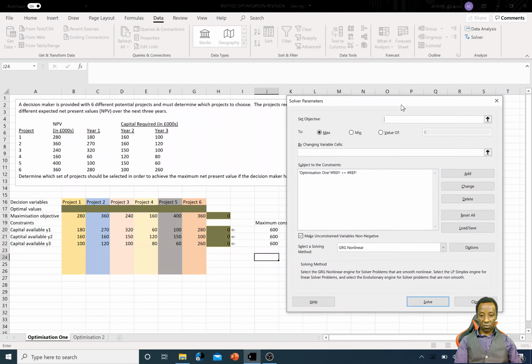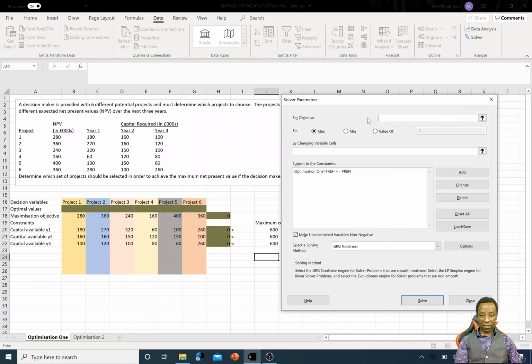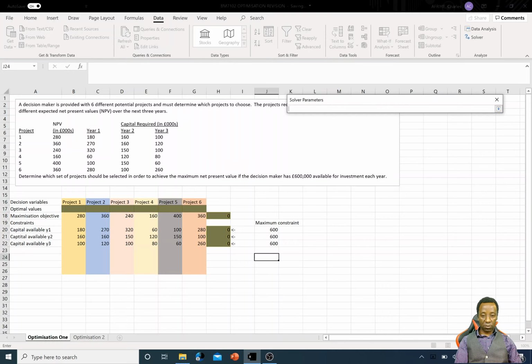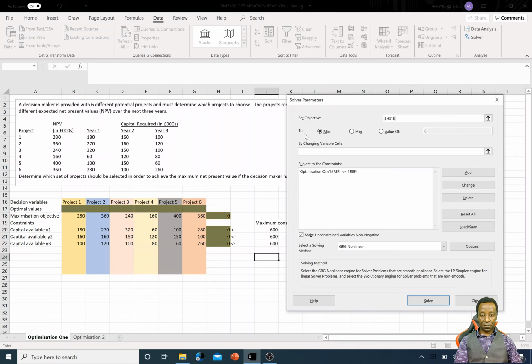When we do that, we just have to pick up the figures for each of the relevant cells. The first thing is, which cell represents the objective that we want to maximize? It's that one, isn't it? It's cell H18. So we just click, drop down the menu and select that for the maximization.